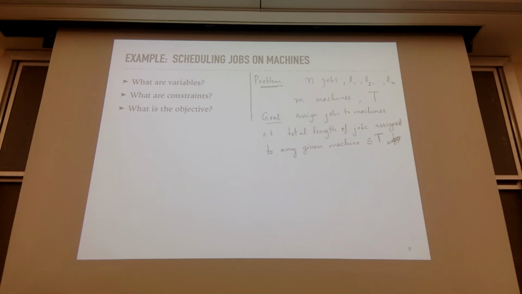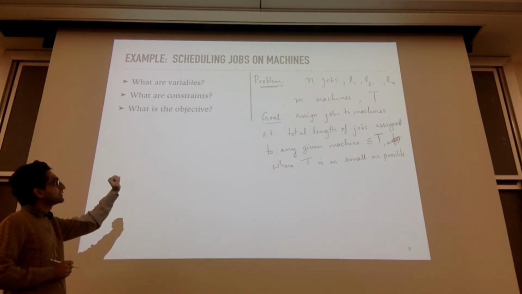So that t is as small as possible. Often this is also phrased as saying minimize the maximum load. The load of a machine is the total length of the jobs it gets, and you want to minimize the maximum. That's another way of phrasing this.